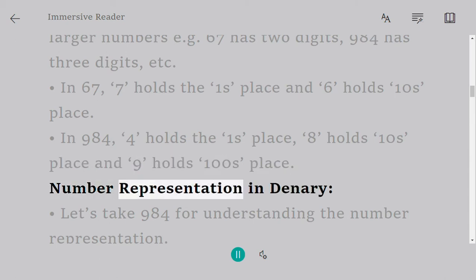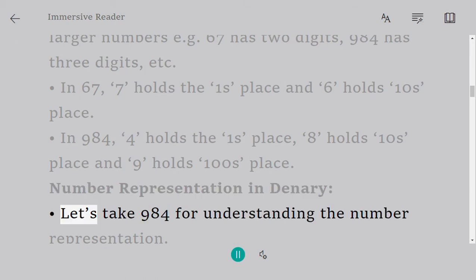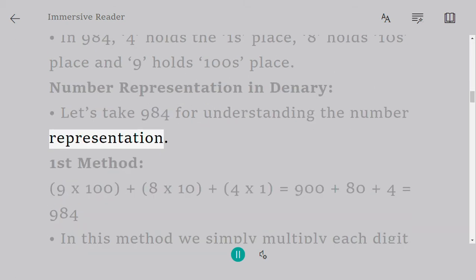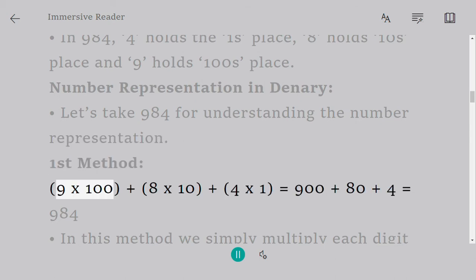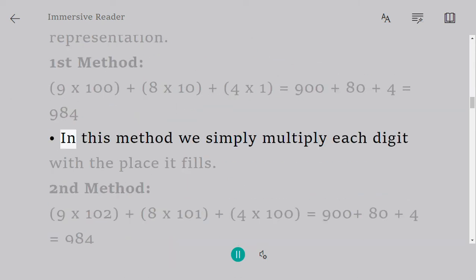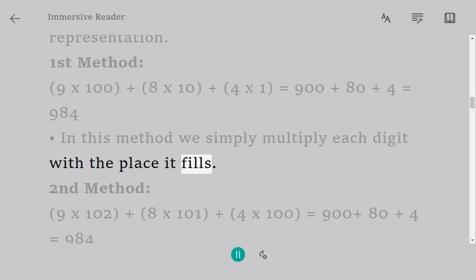Number representation in denary. Let's take 984 for understanding the number representation. First method: 9 by 100 plus 8 by 10 plus 4 by 1 equals 900 plus 80 plus 4, which is equal to 984. In this method we simply multiply each digit with the place it fills.